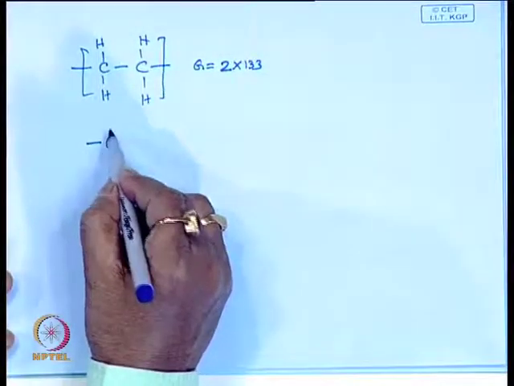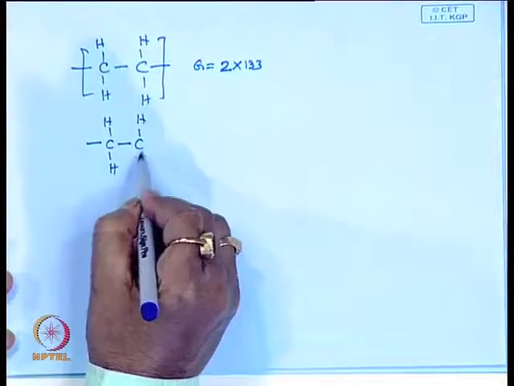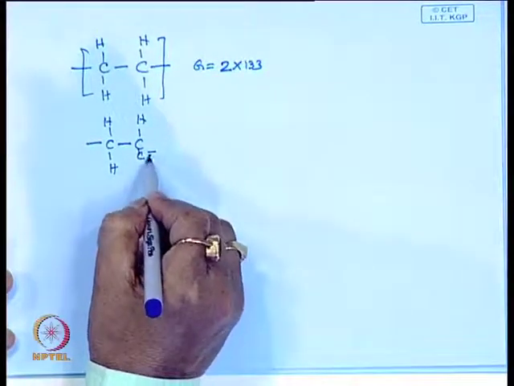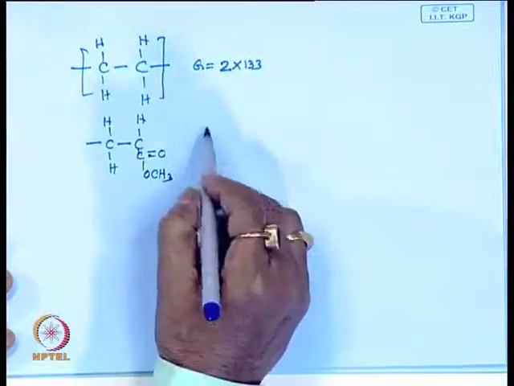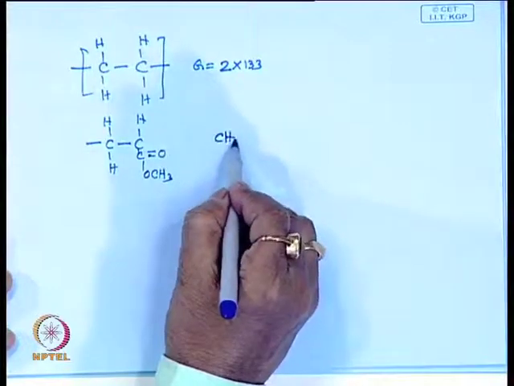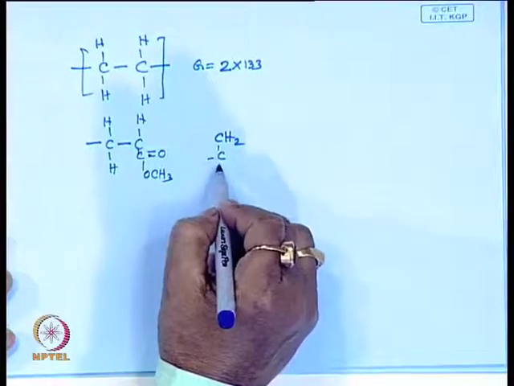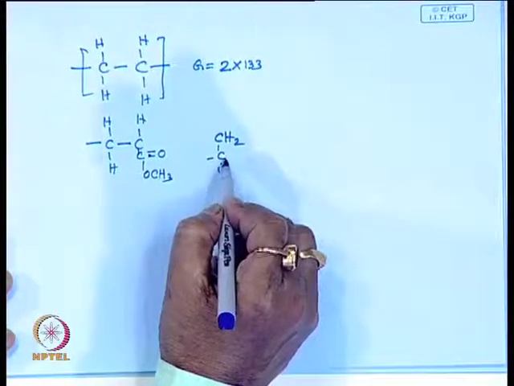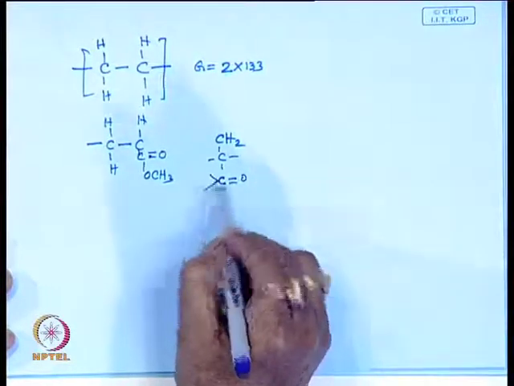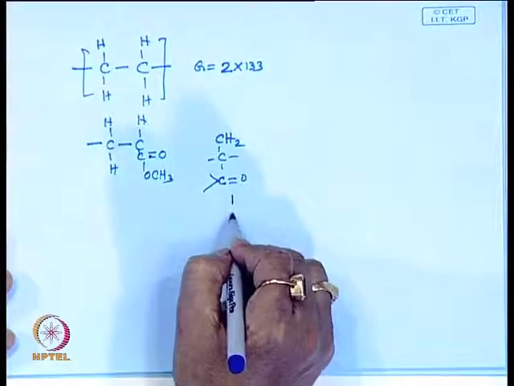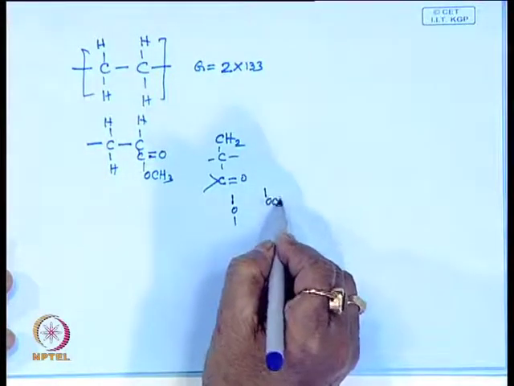You can have a molecule or repeat unit formula like this. Here you have to have the contribution from CH2, the contribution from CH, like this, the contribution from this, the contribution from oxygen, or the contribution from OCH3.